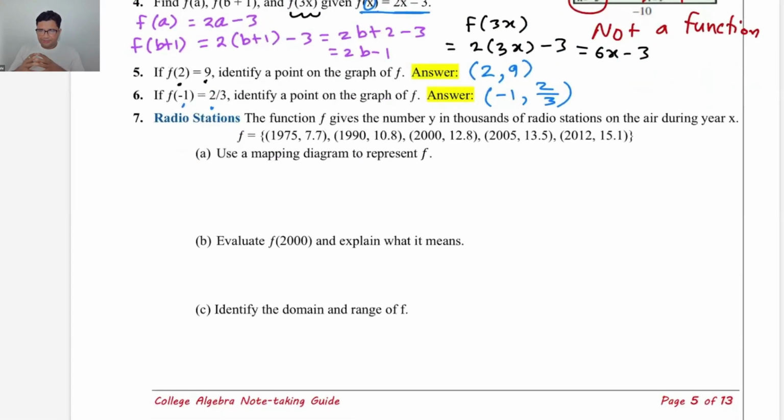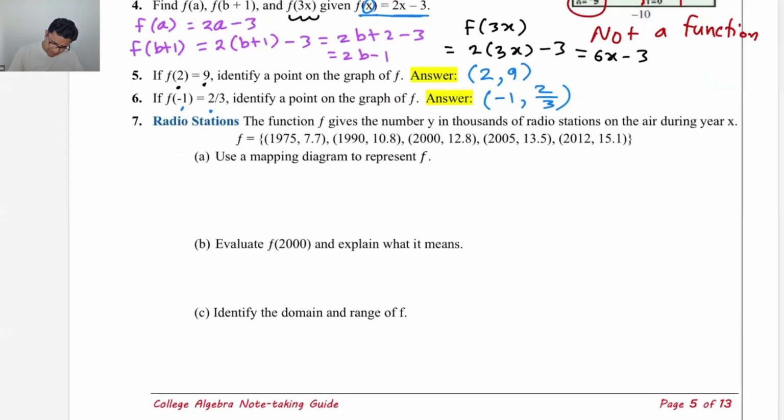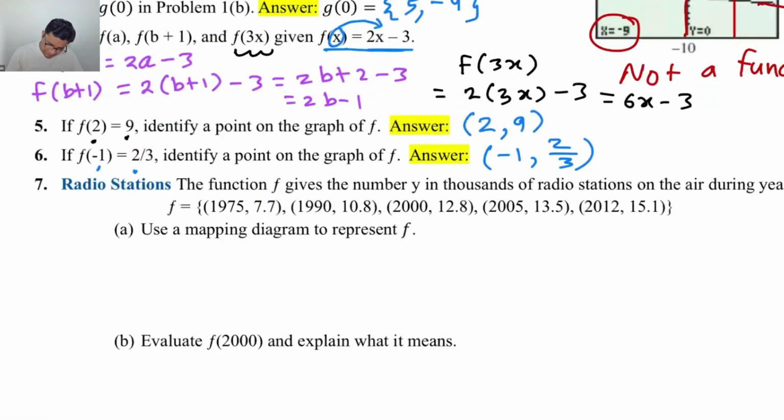Okay. Here is a word problem. The function f gives the number y in thousands of radio stations on air during year x. So here's the function. The x values are the years: 1975, 1990, 2000, 2005, 2012.